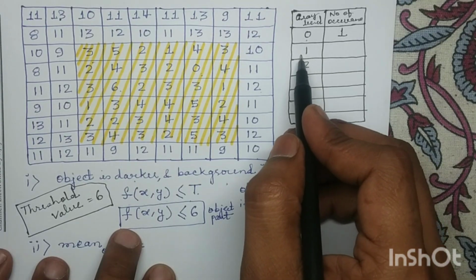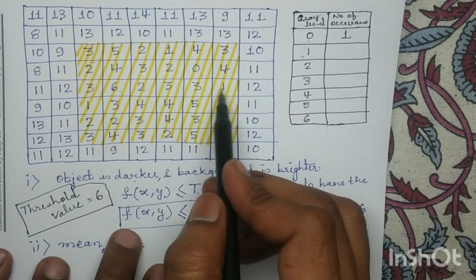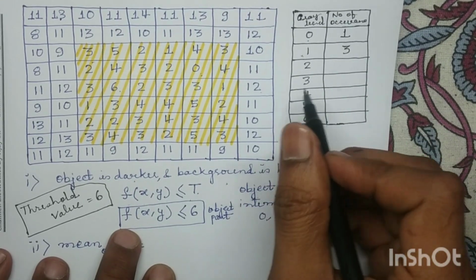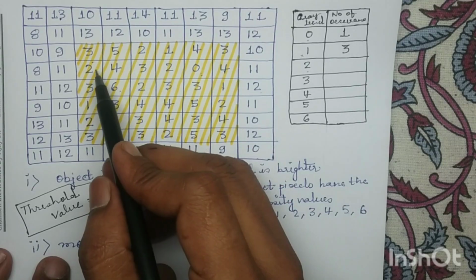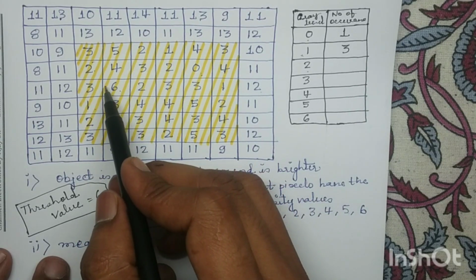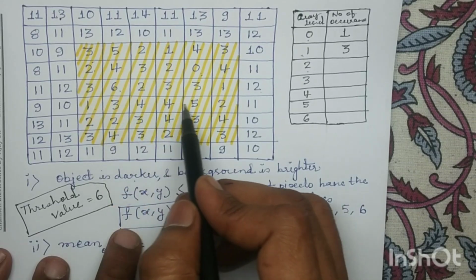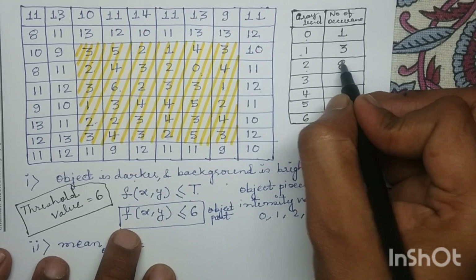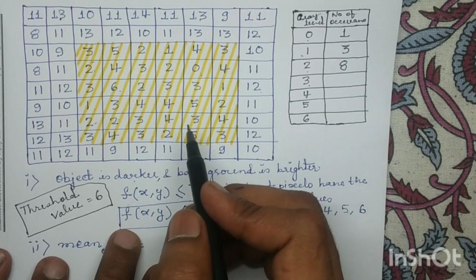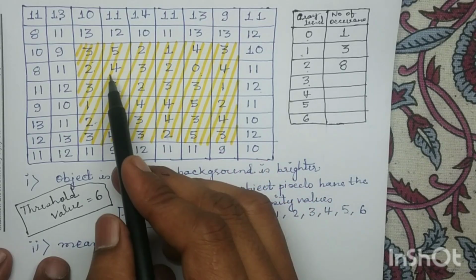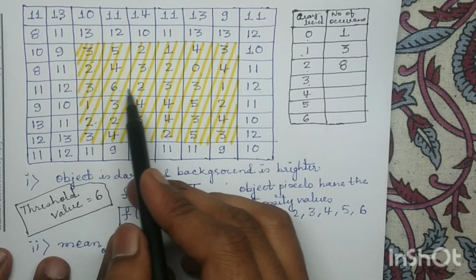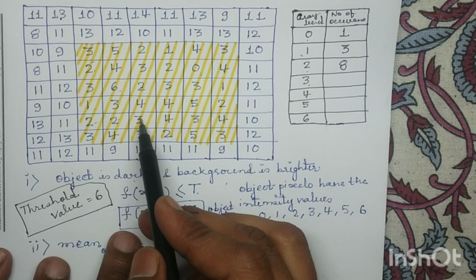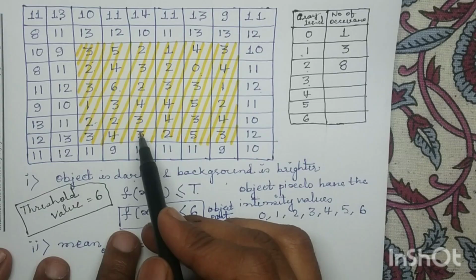For gray level 1, it is 3. For gray level 2, it is 8. For gray level 3, it is 12.